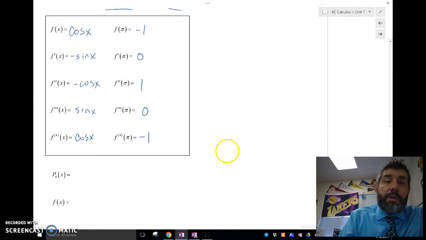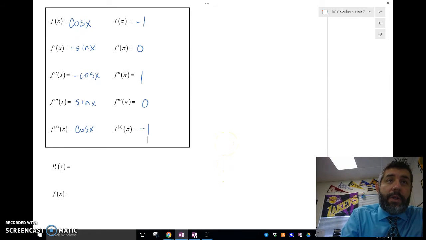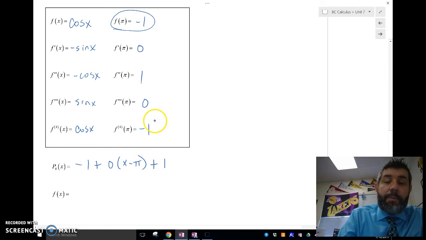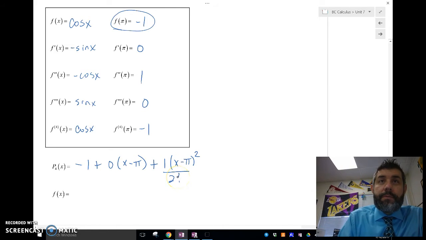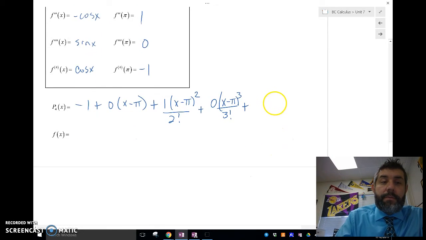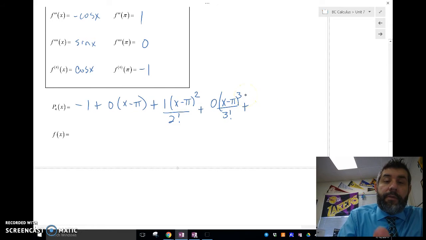So we're going to do this fourth order Taylor polynomial. And again, we're going to start with f of pi, so negative 1, plus f prime of pi times x minus pi, plus f double prime of pi times x minus pi squared over 2 factorial, plus 0 f triple prime times x minus pi cubed over 3 factorial, plus, I think I forgot my negative 1 here.